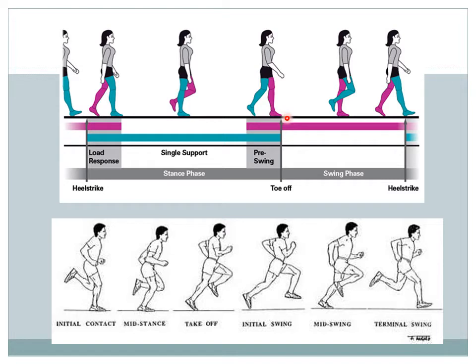And then starts the swing phase, in which the foot of the right lower limb is in the air. You can notice here that the gait cycle represents the gait for each lower limb separately. You have to analyze the gait cycle for each lower limb separately.